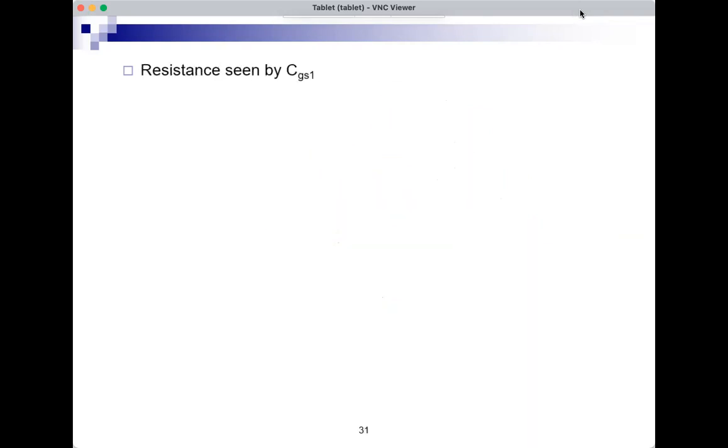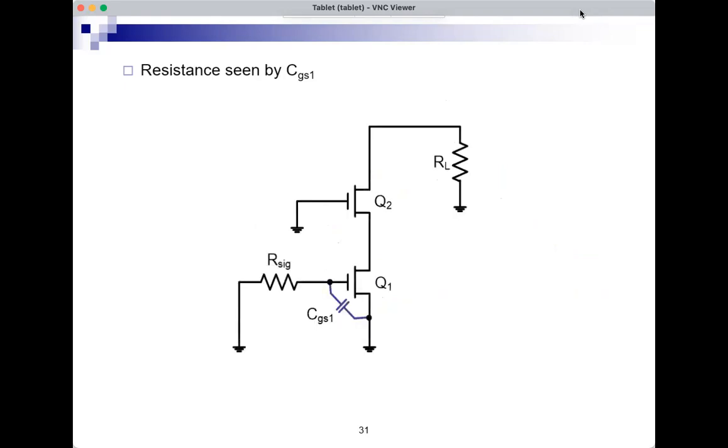So we will do OCTC to find the value of omega H for the Cascode, starting with CGS1. And in OCTC, I open circuit all the other capacitors, and I set Vsig to 0, not Vi. And you see that all the other capacitors disappeared.